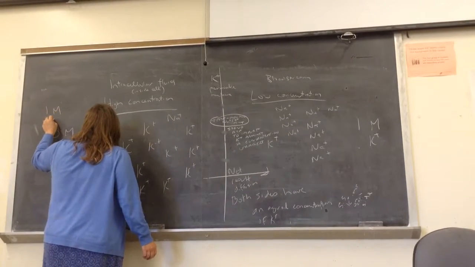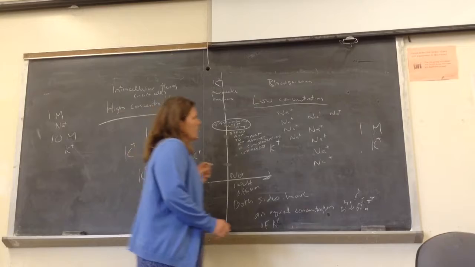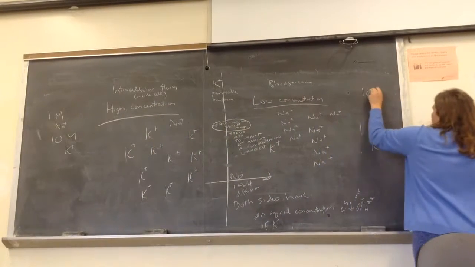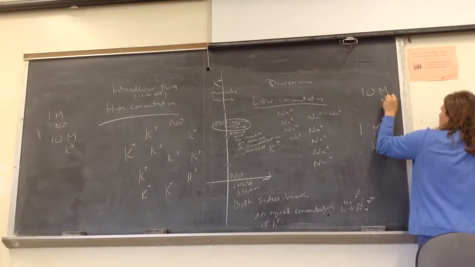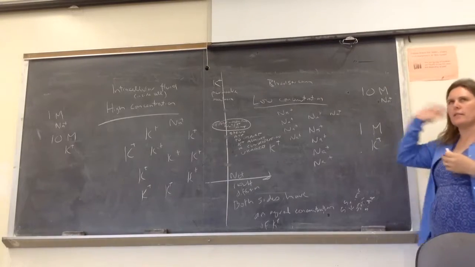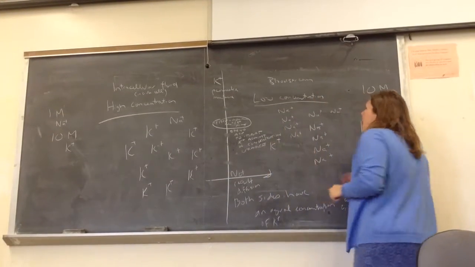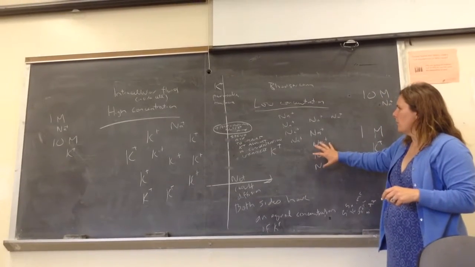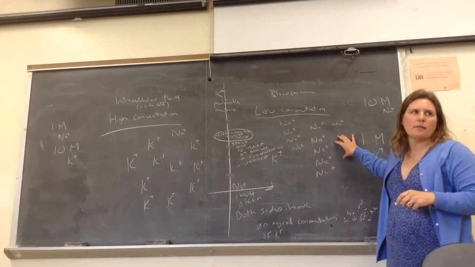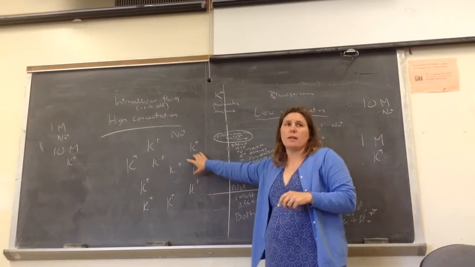And again, these are not the real concentrations. I'm just trying to make really simple math, because 10 is 10 times 1, so it's fairly easy to get the visual difference. So there's a ton of sodium outside the cell. There's not very much sodium inside the cell.